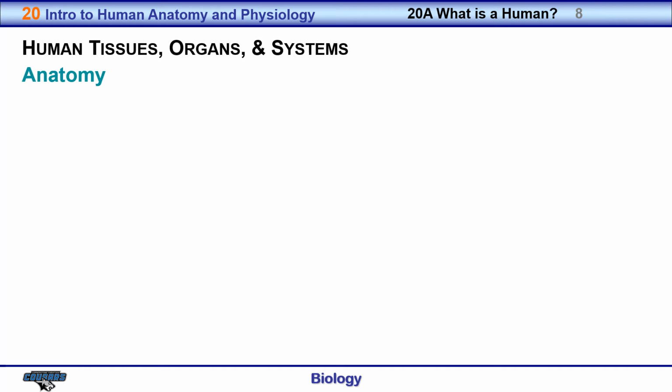Now, as far as humans are concerned, let's start looking a little bit on the larger scale, and then we'll start breaking it down more as we go through. But before we can do that, we need to understand some terms that we often use in our study of humans.